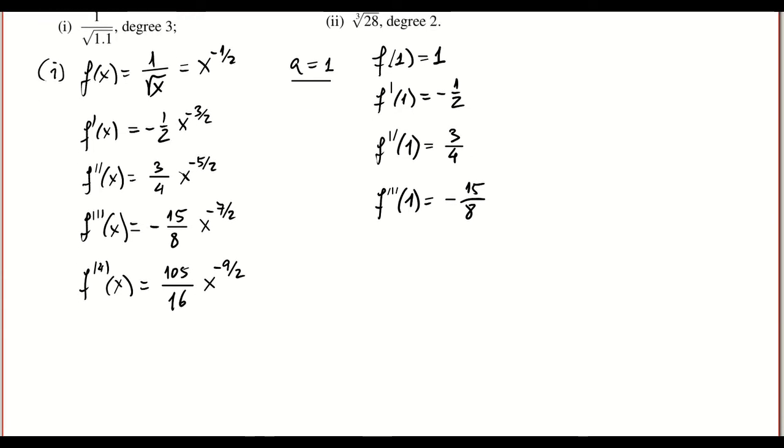So first, let's compute the Taylor polynomial. The Taylor polynomial of degree 3 around the point 1 will be 1 minus 1/2 (x minus 1) plus 3/4 (x minus 1) squared minus 15 over 8 (x minus 1) cubed.